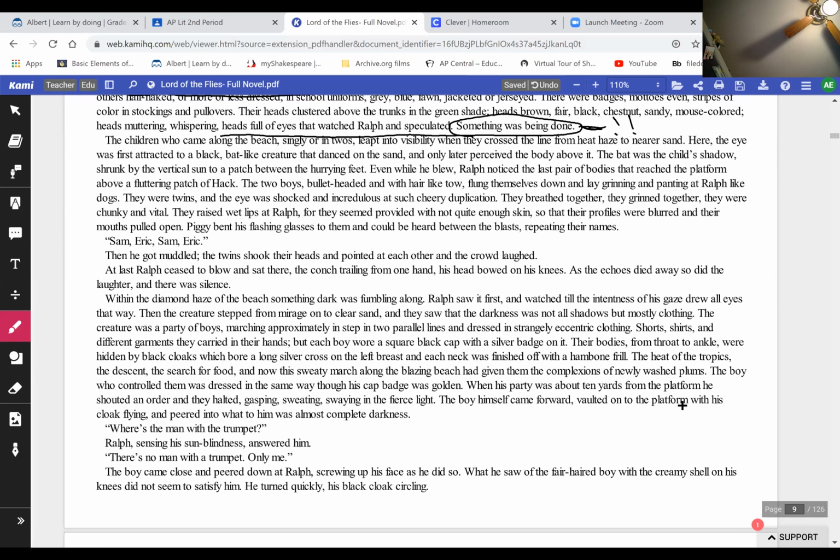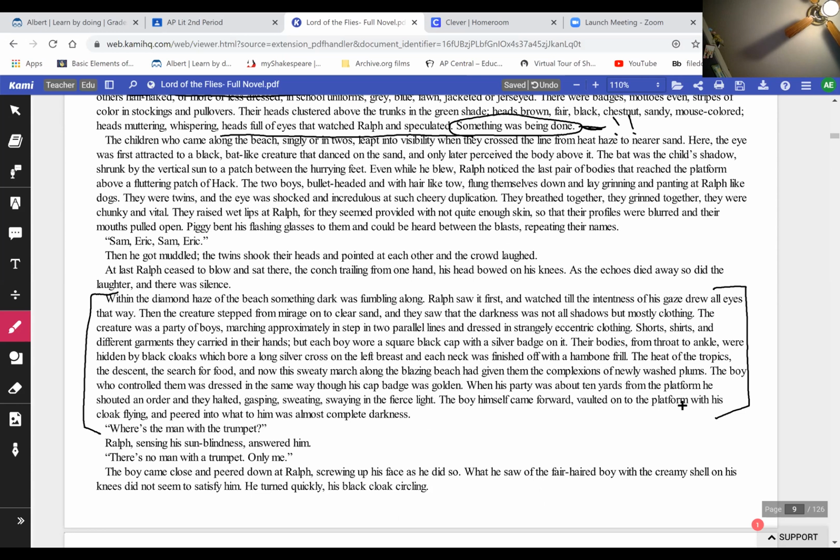And then we get this description here, and we finally meet Jack. Now, Jack is our antagonist, and we immediately are supposed to not be okay with Jack. And again, the author gives all kinds of descriptions here of Jack and his choir. They're singers, a singing choir.